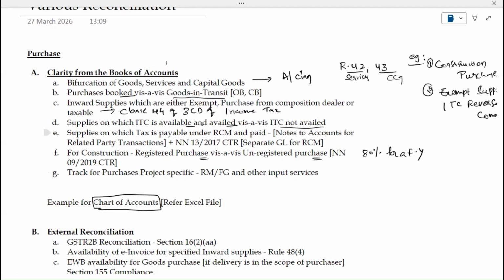Please keep this in mind. I have to keep track of what I have purchased from a registered dealer and what I have purchased from an unregistered dealer.